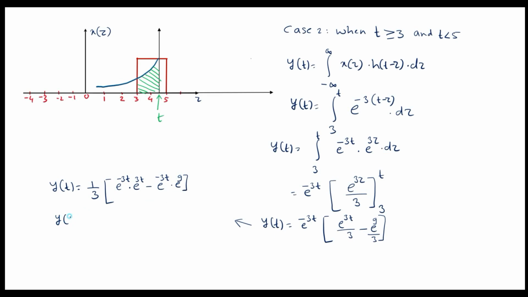So it can be represented as y of t is equal to 1 over 3 times e power minus 3t e power 3t, which will become e power 0, that is nothing but 1, minus e power minus 3t minus 3. So this is for t less than 5 but greater than or equal to 3.